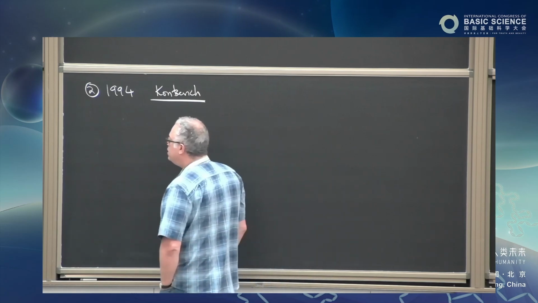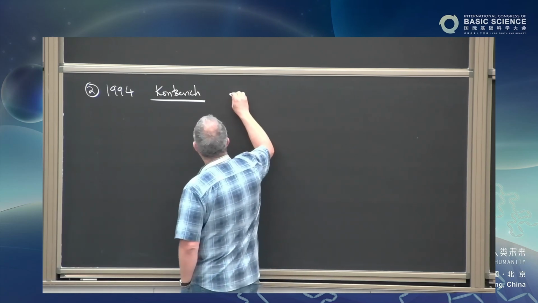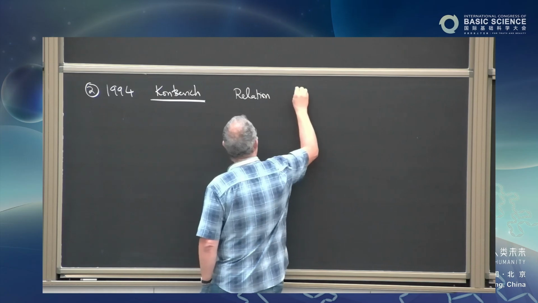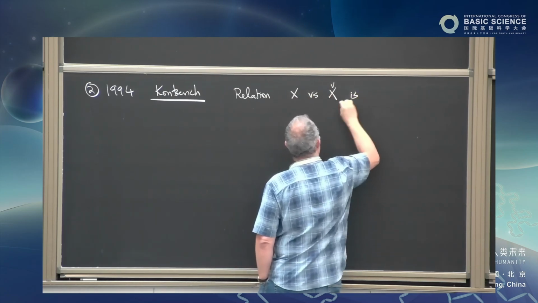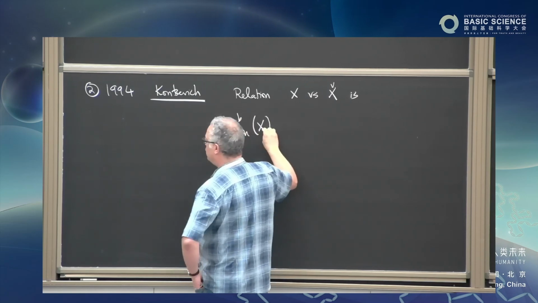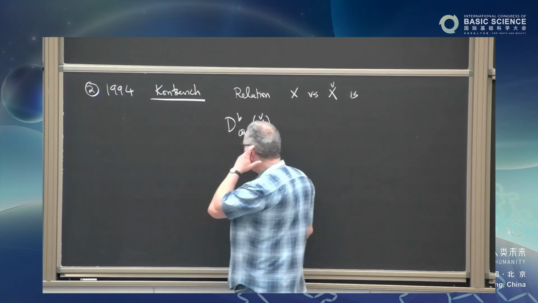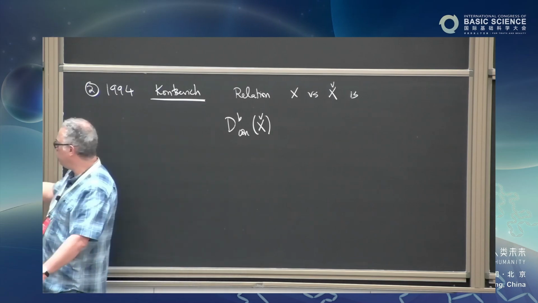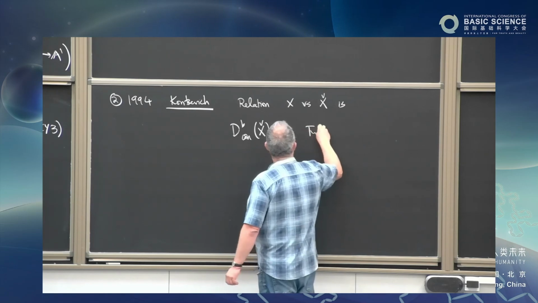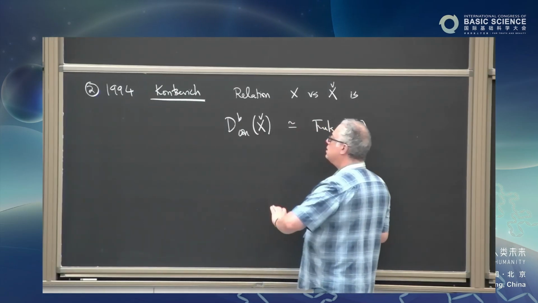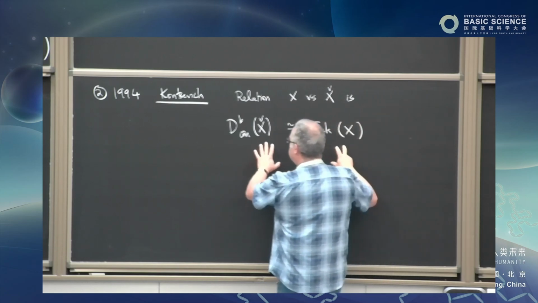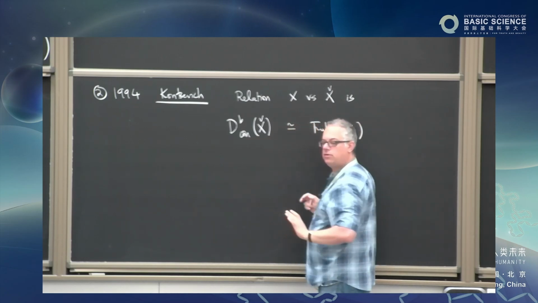And what he said was the physics relation between X and X check is encoded by the statement that the derived category of coherent sheaves on this X check, so on the second one, the one where you solve the differential equation, should be the Fukaya category of X. So for those, if there are experts in the audience, you probably know this is a weird statement, and this, as stated, is not quite right.